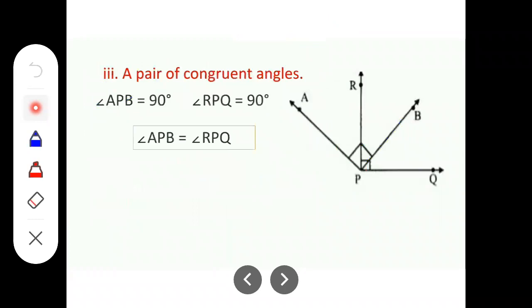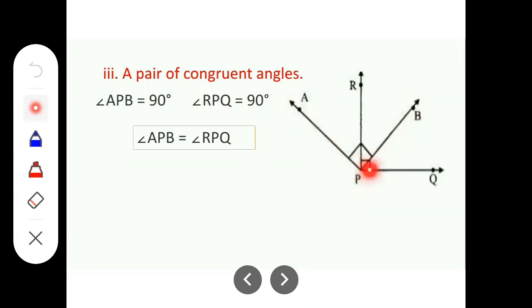Now one of the options of the same question: a pair of congruent angles. Congruent angles means angles whose measurement is the same. It is already given that this angle APB is 90, as those two rays are perpendicular to each other.